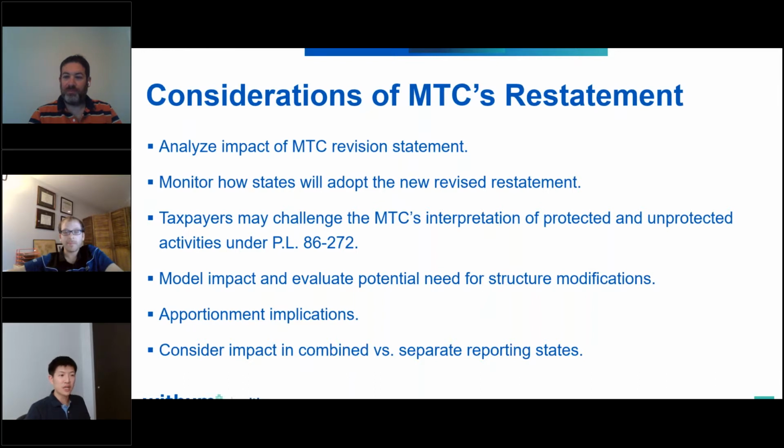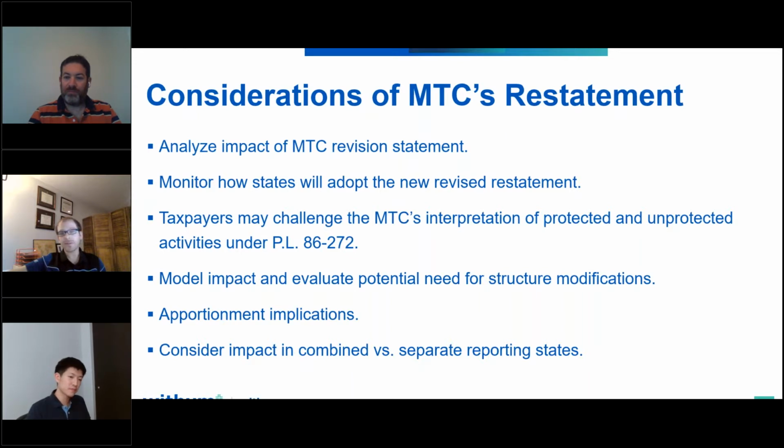But maybe to protect yourself, you model out the impact of what this might do. What is a worst case scenario if suddenly all of your activity is unprotected? Maybe you want to see how that looks now, just to understand the impact. And will you be taxed on all your unprotected income at this point? You have to understand that.